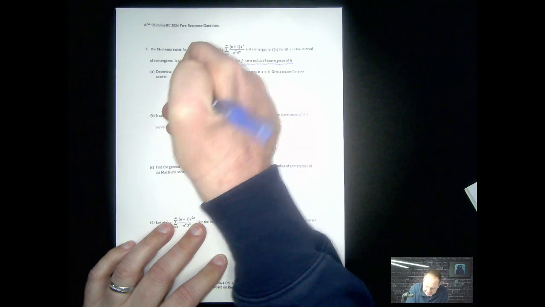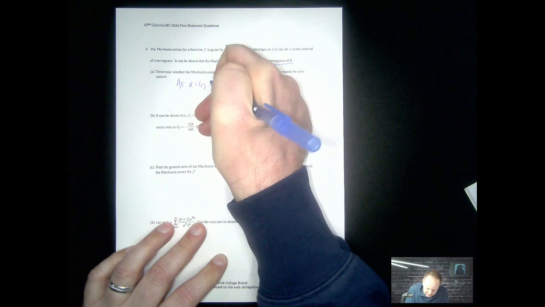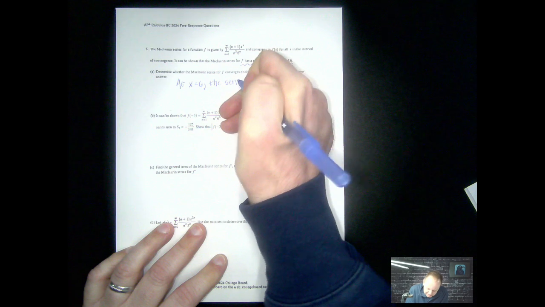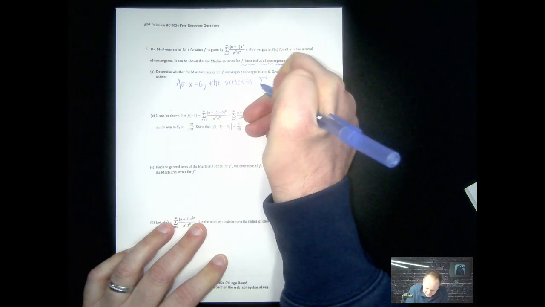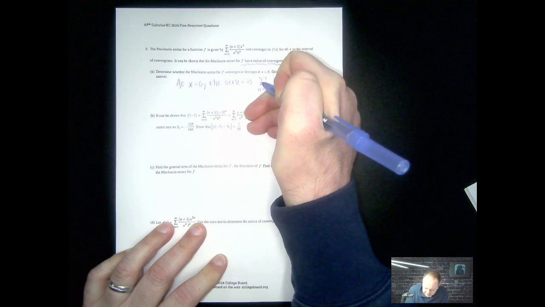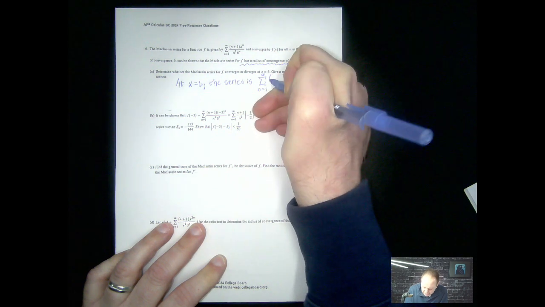So at x equals 6, the series is, now remember it's x, so the sum is n equals 1 to infinity of n plus 1, leave it alone.